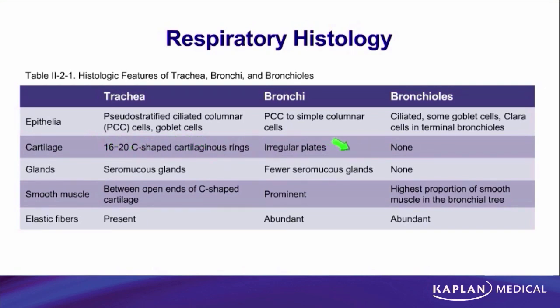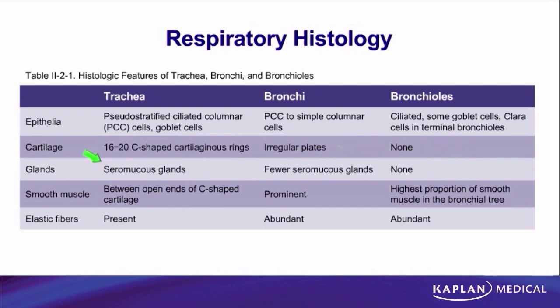Once we get down to the lower end, once we're inside the lung, we know that the lung has to expand and contract during the respiratory cycle, so we certainly don't want rigidity there. And so we're going to go from having lots of rigidity at the upper end to having no rigidity at the lower end. So again, you're going to go from having C-shaped cartilages to discontinuous cartilage to less and less cartilage until finally no cartilage.